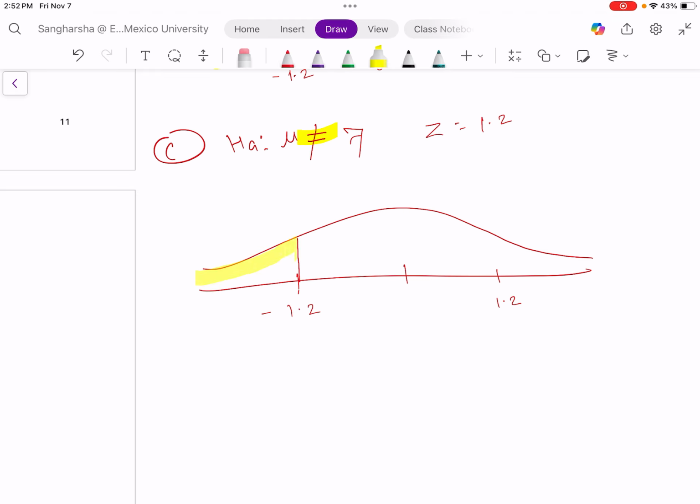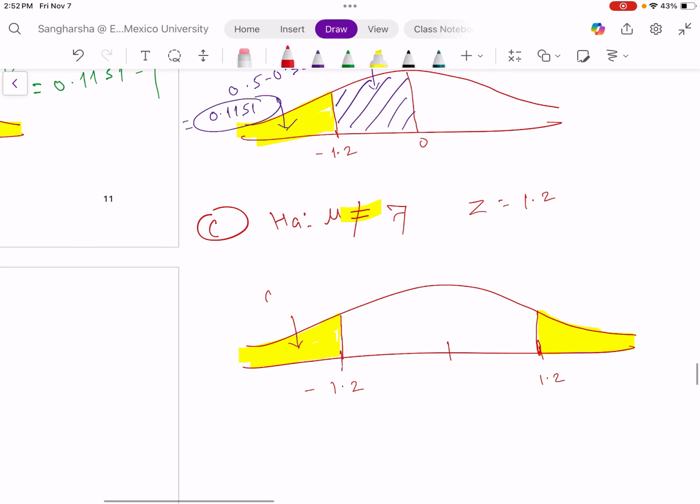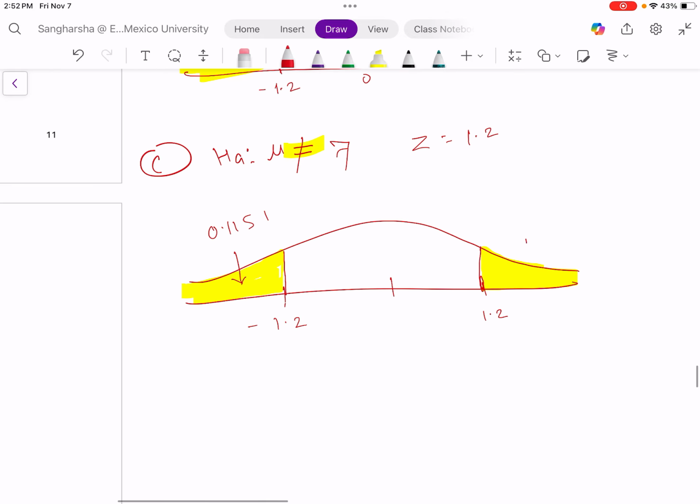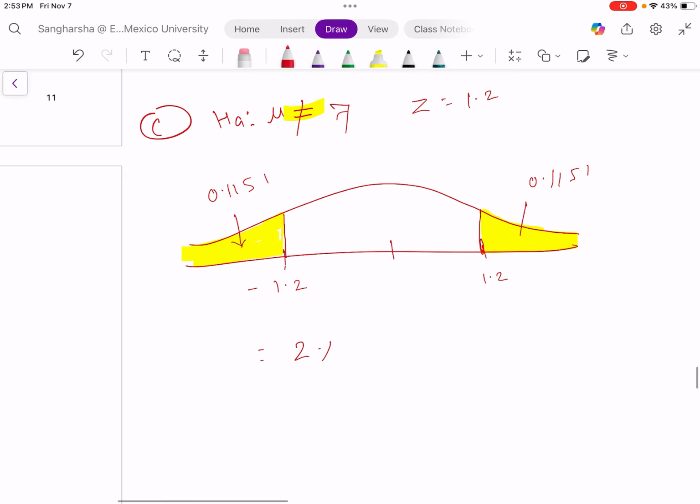So the area on the left of negative 1.2 and the area on the right of 1.2 is the p-value. From part A and part B, we know this area is 0.1151, and this area is also the same, 0.1151. So the p-value would be 2 times 0.1151, which equals 0.2302. So this is the p-value for our two-tailed test.